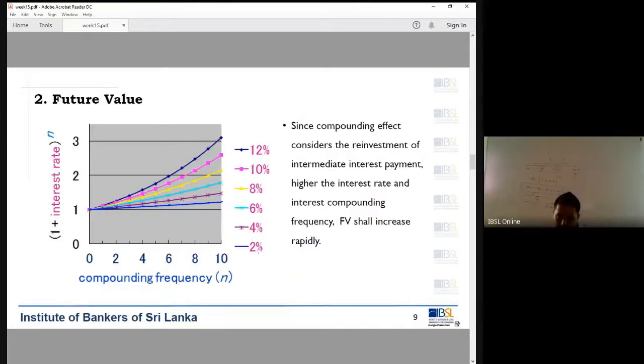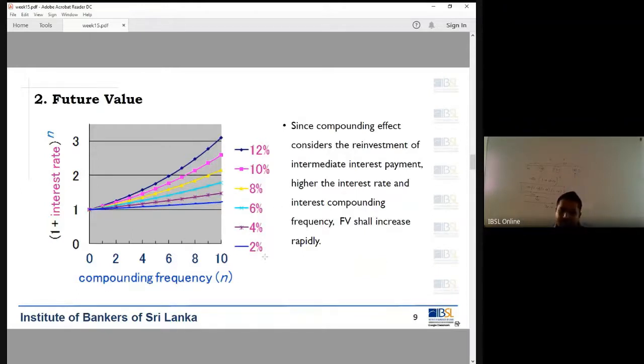If you look into these graphs carefully, this blue line is the interest that you're going to get at 2%, at different compounding periods of 1, 2, 3, and so forth. So this is the growth of that 1 rupee after 10 time periods grown at 2%. It's going to be somewhere around 1.2 or 1.3.